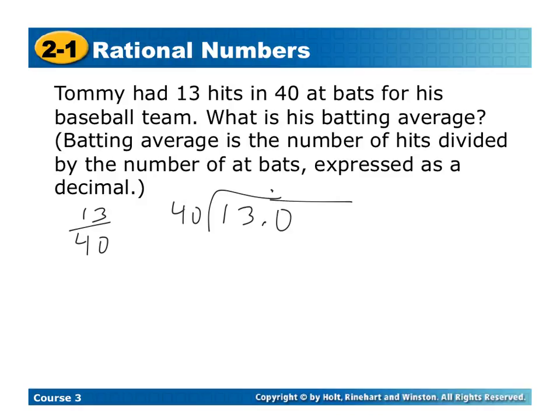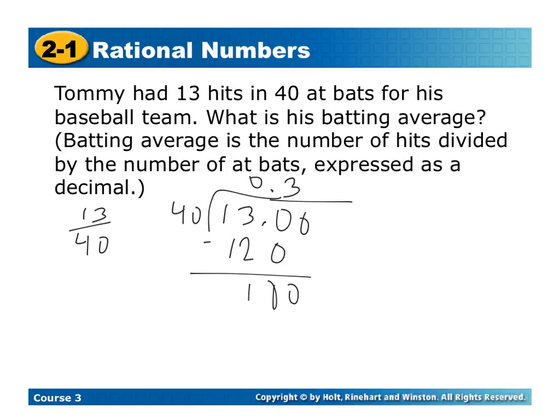Add my decimal point, my 0. Now 40 can't go into 13, but it can go into 130. I like to estimate 4 goes into 13 3 times, because that would be 12. So this is going to be 120. I'm going to go ahead and subtract. Leaves us with 10.